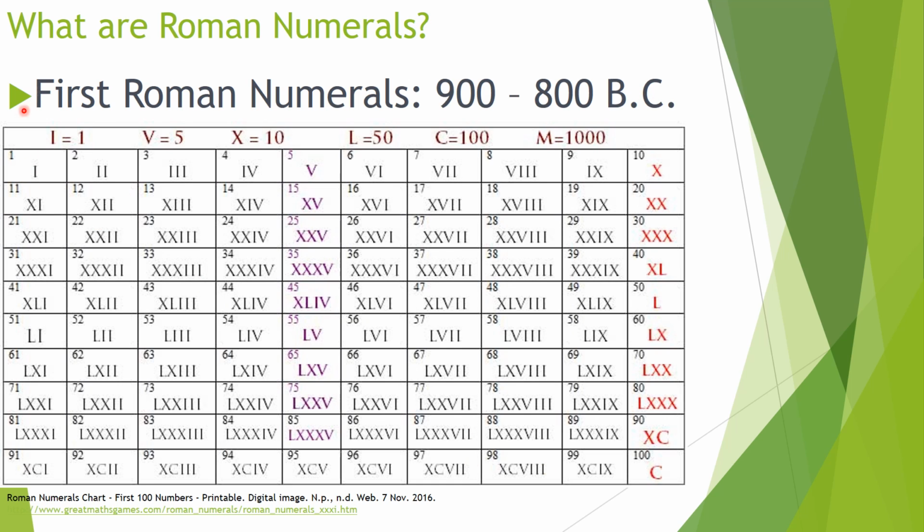This chart shows a range from the number 1 to the number 100 through different combinations of I, V over here, and then it goes into X by 10, and then the L appears by 40, and then it continues until it reaches C by 90, and then C itself is 100.